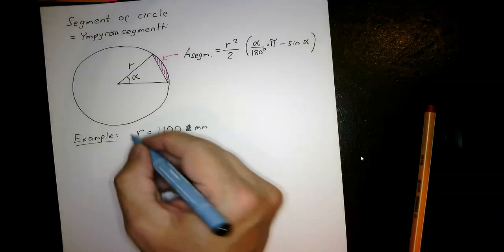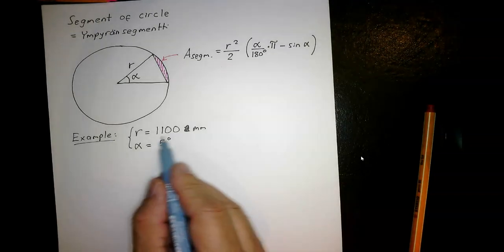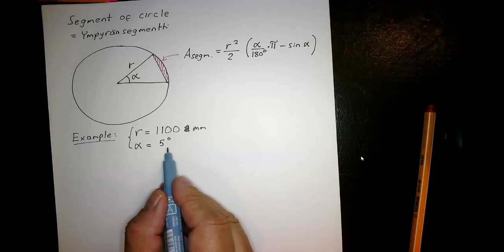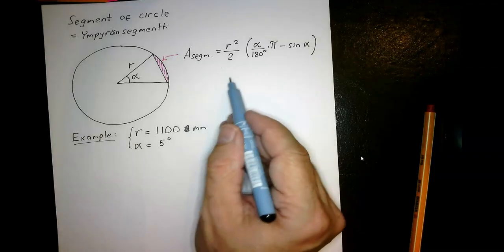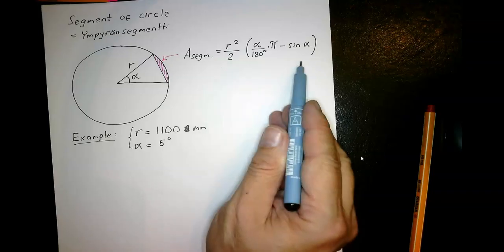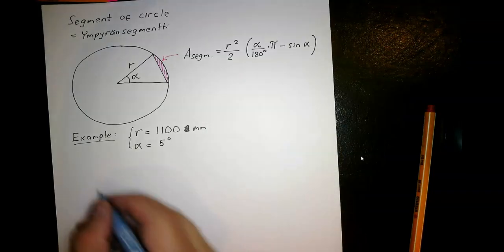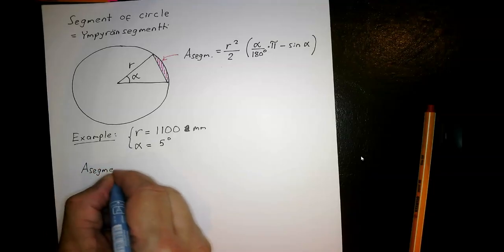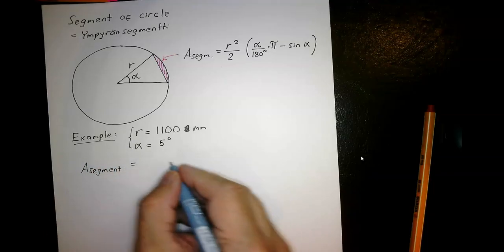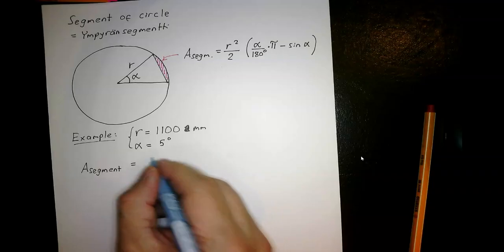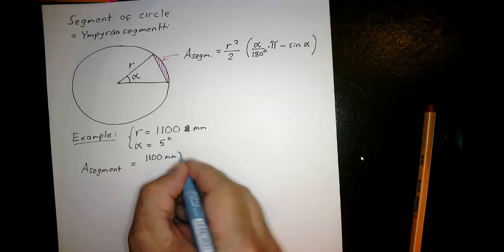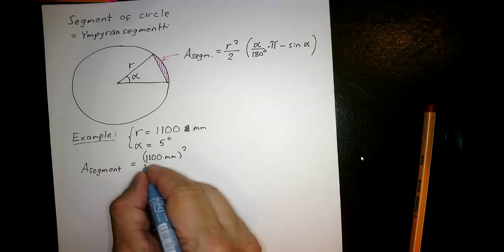We need to know the radius, and we need to know the angle, and that's all we need to use in this formula. Segment, r squared divided by 2.